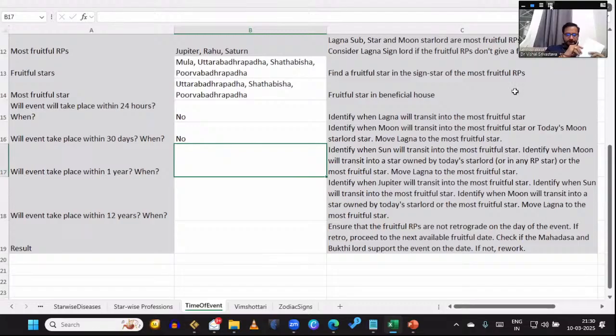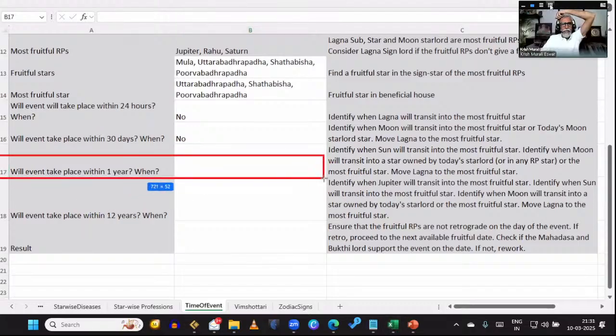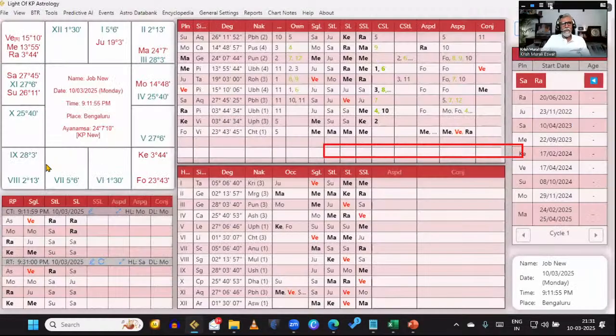Now we have to check whether the event will take place within 1 year. Yes, it can happen within 1 year. Now how to find the exact timing? Identify when sun will transit into the most fruitful nakshatra. This will happen next year because today sun is in Purva Bhadrapada nakshatra.